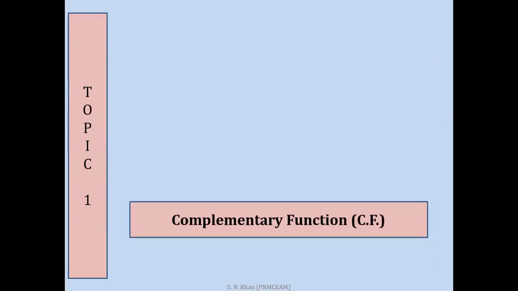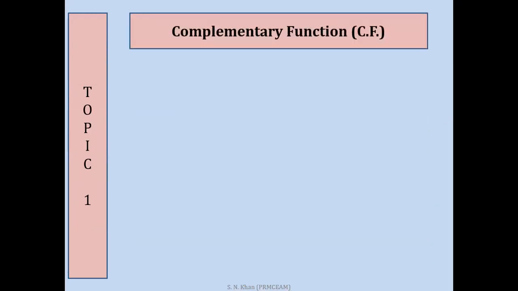Now, after that, topic number 1, complementary function, which is nothing but CF. So we need to calculate the complementary function for getting the complete solution of a differential equation, because we have seen that the complete solution is a combination of CF and PI. CS का फॉर्मूला हमने प्रीवियस स्लाइड के अंदर देखा है.